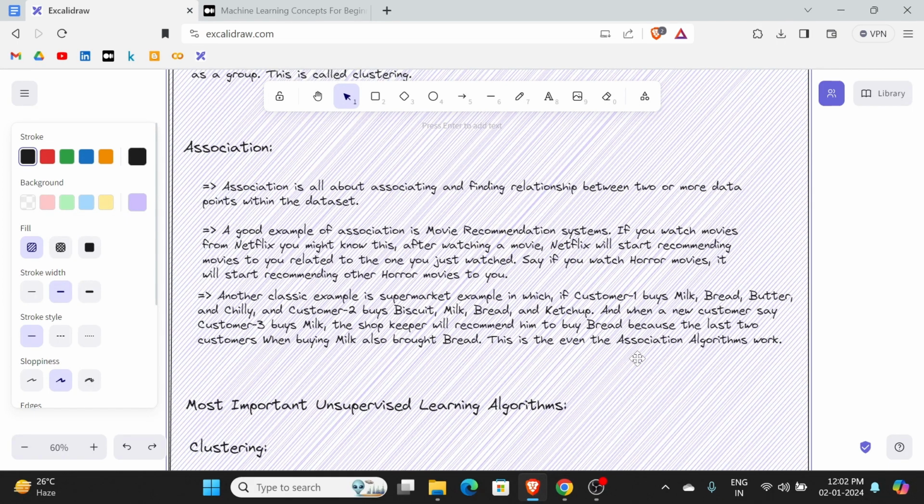Now, in his recommendation section, he can see movies like Avengers: Endgame, Iron Man, Captain America, Spider-Man, etc. Because he watched a Marvel movie, he is now recommended other Marvel movies, and that's how association works. Recommendation systems are built using association algorithms.